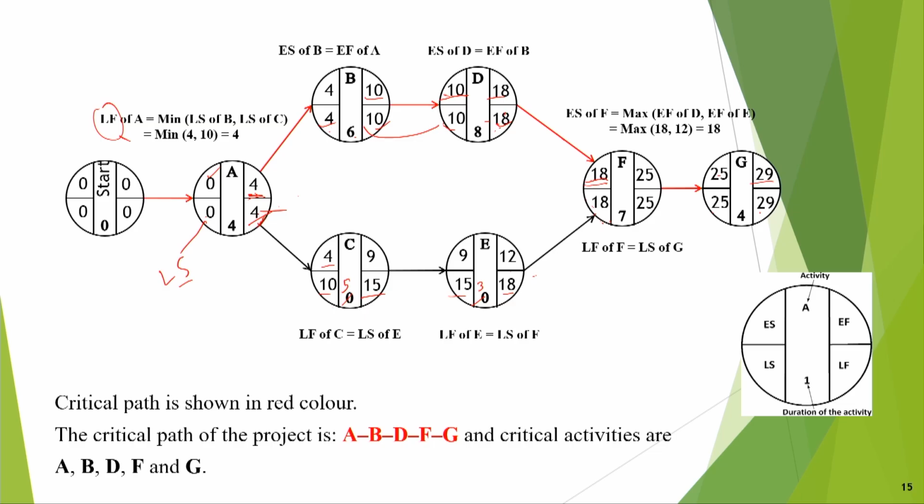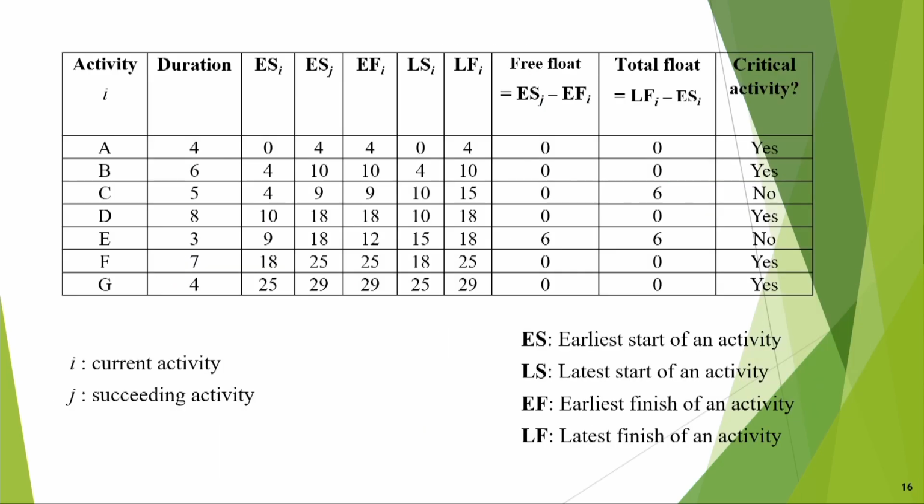Now the critical path is shown like this: A, because this is matching, B and D. B is matching because everything here is the same, 10, 10, 4, 4, 18, 18, 10, 10. That means earliest start and latest start are the same, and F, 18, 18, 25, 25. So A, B, D, F, G are critical, and these others are non-critical.